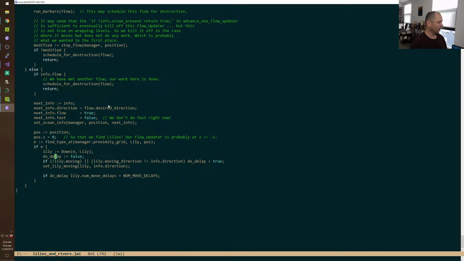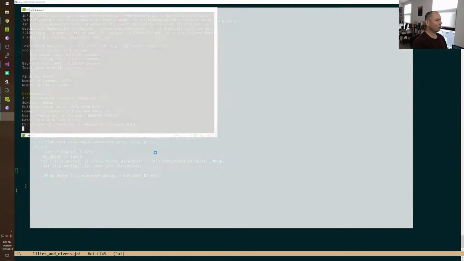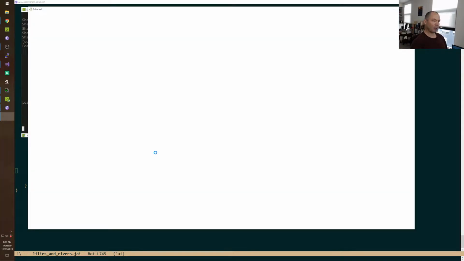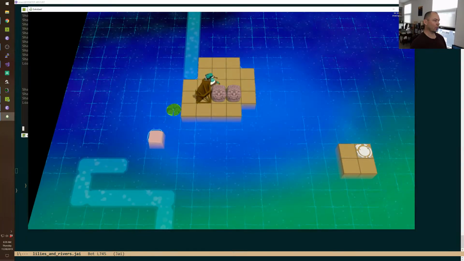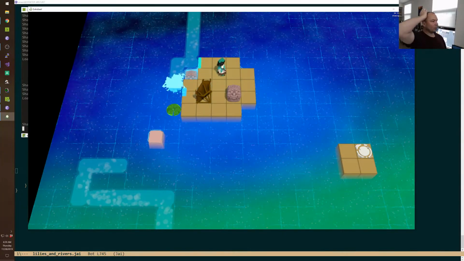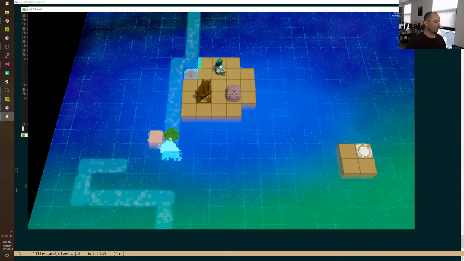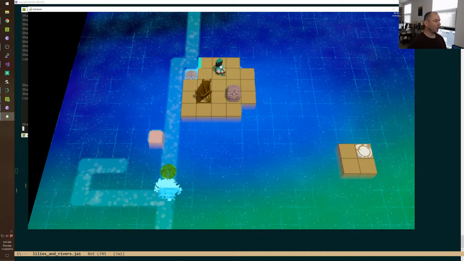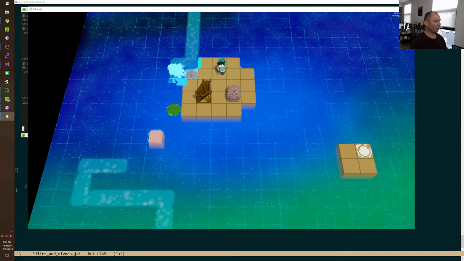And okay, this is just wrong. This is supposed to be next info dot direction. We use the old ocean direction, which is not meaningful because there was no flow in there. All right, so, whoops. So now it should be much more reasonable. Yep, doesn't that seem better than if it's just hanging out forever in the water?